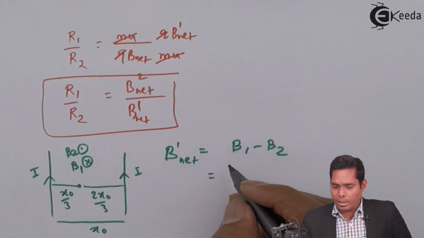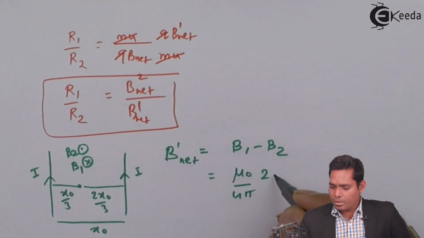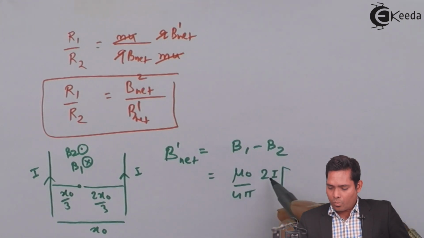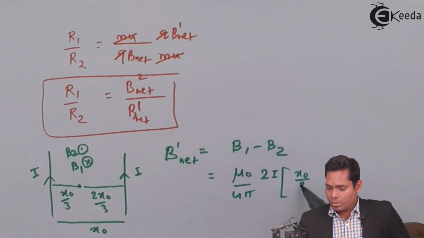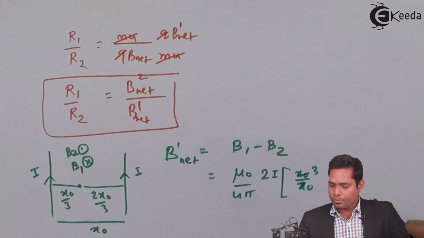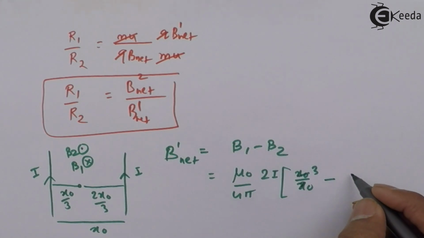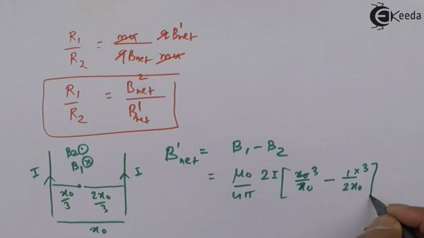Then we know that at a distance the formula is mu naught upon 4 pi, 2 times the current divided by x. X for this case is x naught by 3, minus 1 by that, 2x naught by 3.